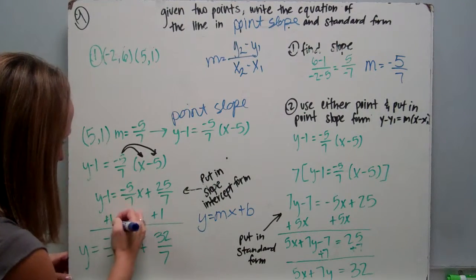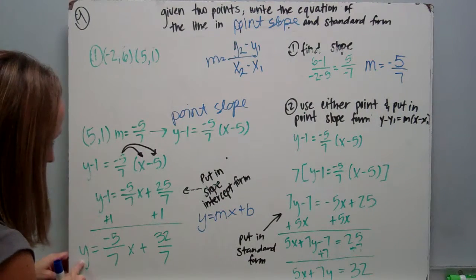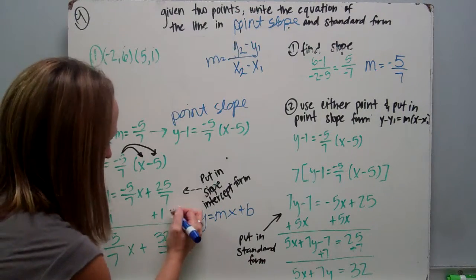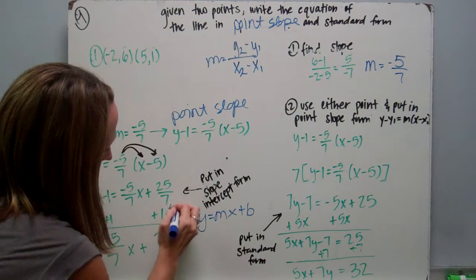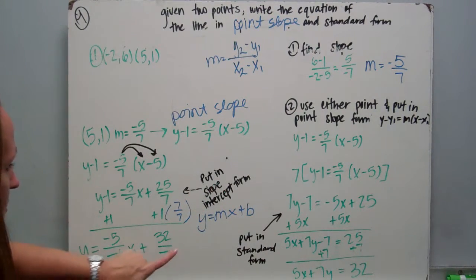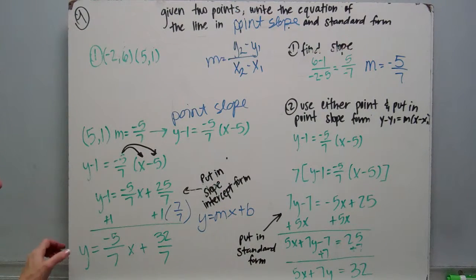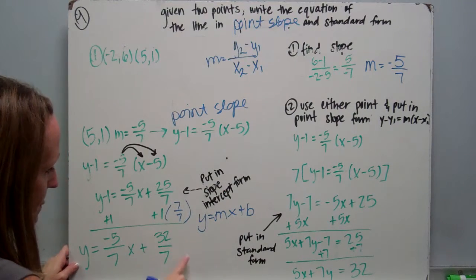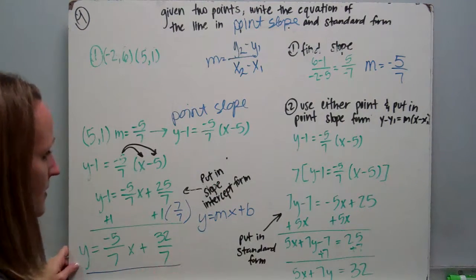So I can add 1 here, which just gives me y. We add 1 here. Since it's a fraction, we're not just adding 1, we're adding 7/7. Finding our common denominator, we get 32/7. So when we change this to slope-intercept form, it looks like this.